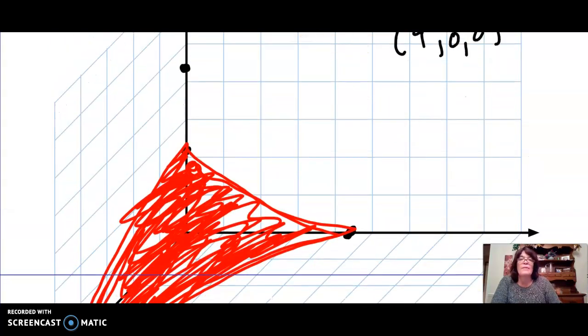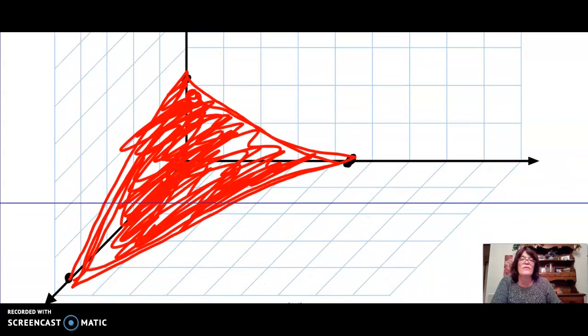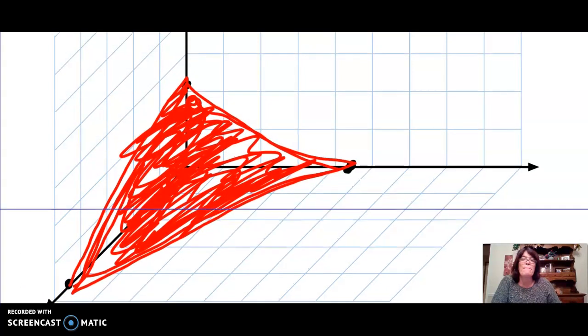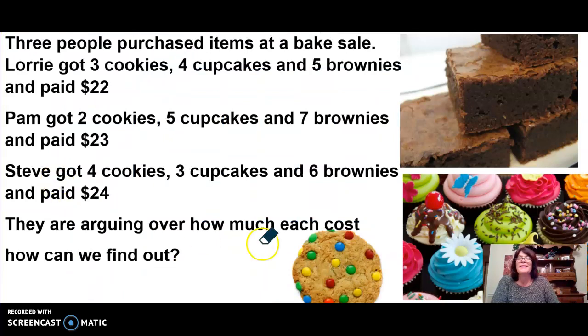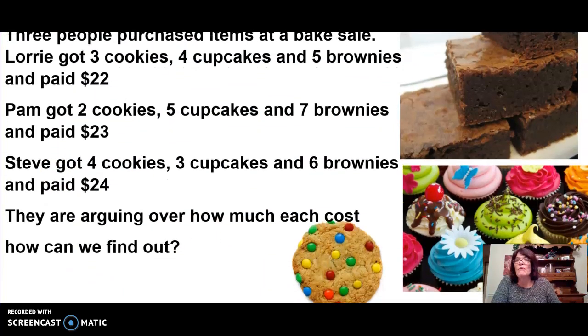And that plane goes in infinite directions, in each direction here, but it holds those 3 points in it. Anyway, we don't have to do a plane that often. All right, let's take a real life problem.